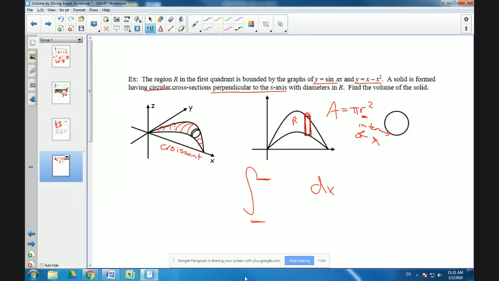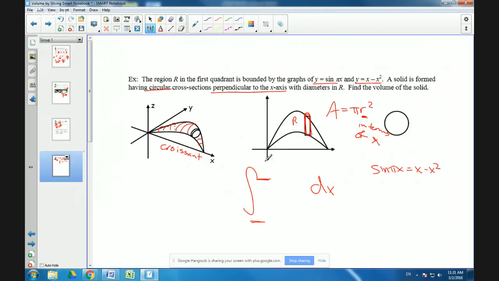So where do sine pi x and x minus x squared intersect? Can you think this through without a calculator? That is a nasty equation.